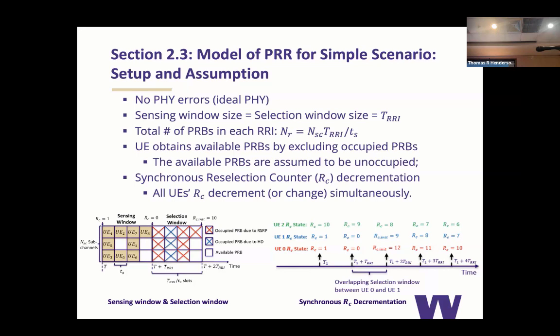Here UE1 will initiate RC equal to 9, and UE0 will initiate RC equal to 12. Because UE2 hasn't decremented to 0, it is just decremented by 1, and its RC will be equal to 8 at T1 plus 2 TRI.